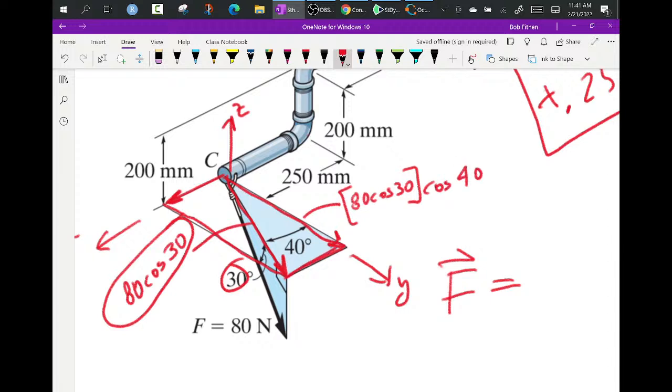Why? Because you're projecting it back here through that 40 degrees. And this one over here is going to be this 80 cosine of 30, because that's the length of this one, but it gets shortened because it's the sine of 40.